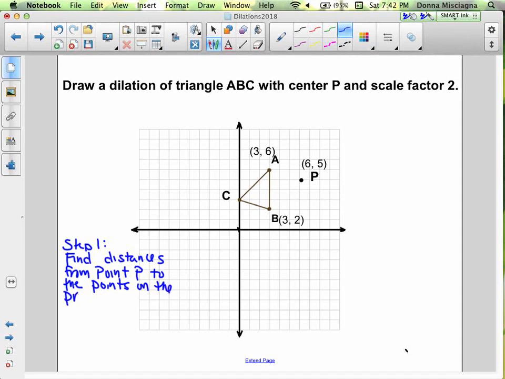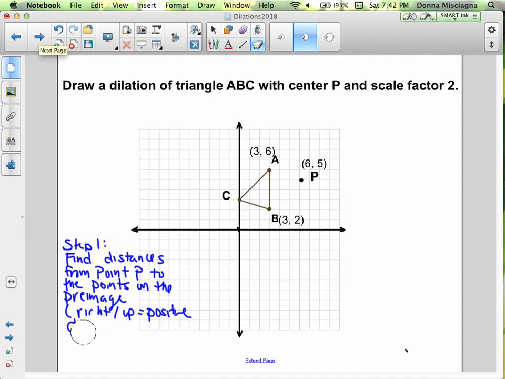And we will go over the directions one more time. If we go right or up, that's positive. And down, I want to stay with the same direction, the same horizontal or vertical.